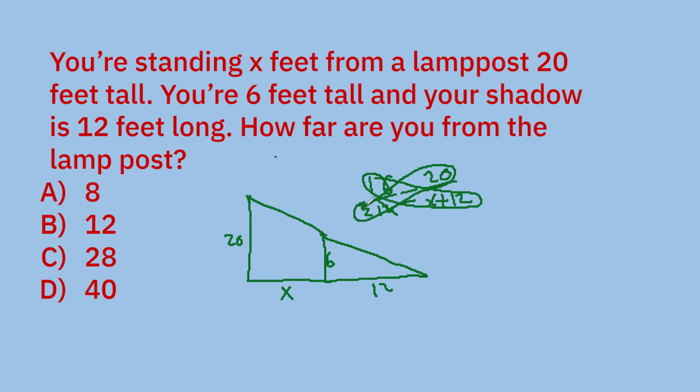And on the test itself, you don't even have to show any of this work if you can do it in your head. So we're going to get 20 times 2, and then we're going to get X plus 12 times 1. So it's just going to be X plus 12. And now I'll just put the 1 just for illustrative purposes.